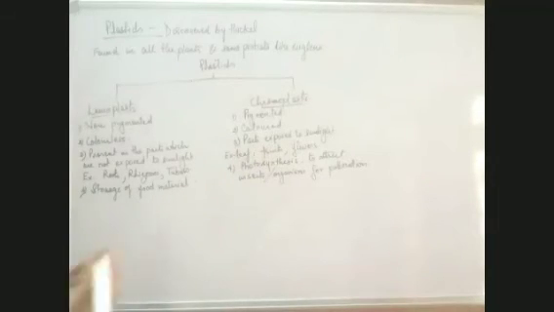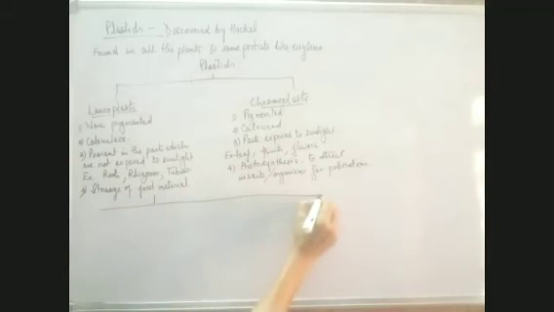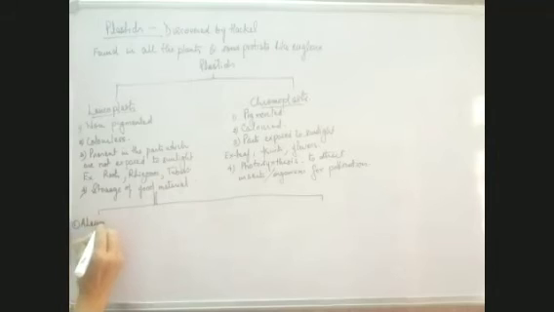Now, the leucoplast, we come to this one first. Leucoplast is further of three types. The first one is aleuroplast, A-L-E-U-R-O-P-L-A-S-T.